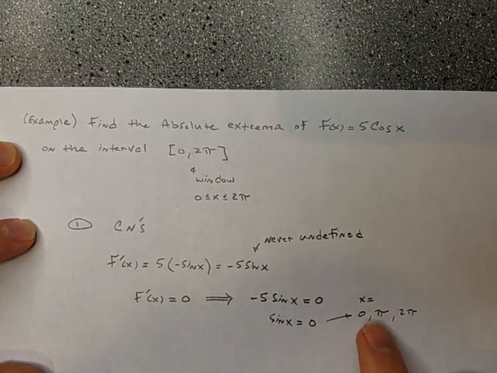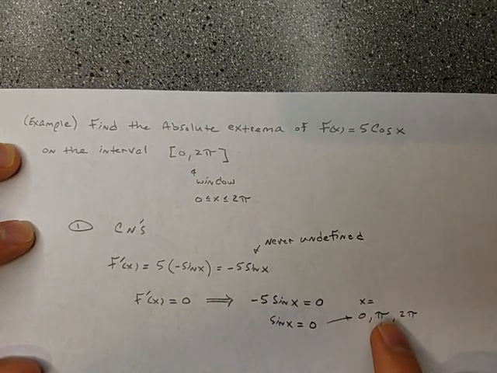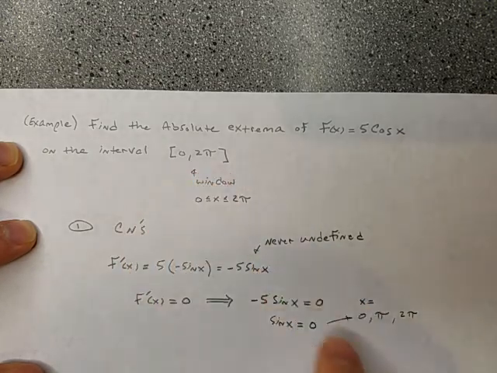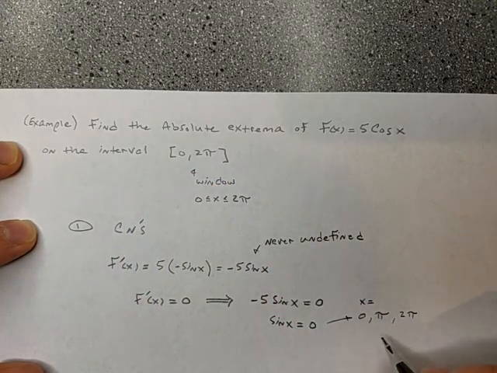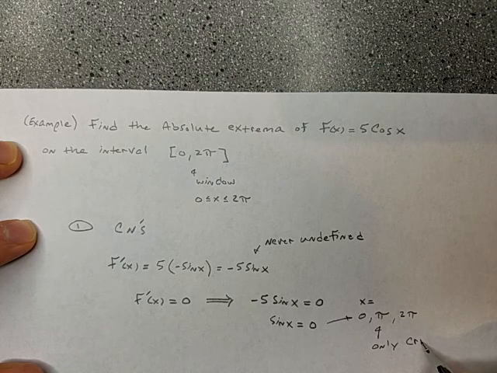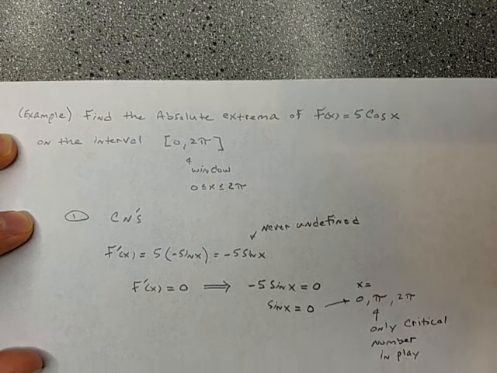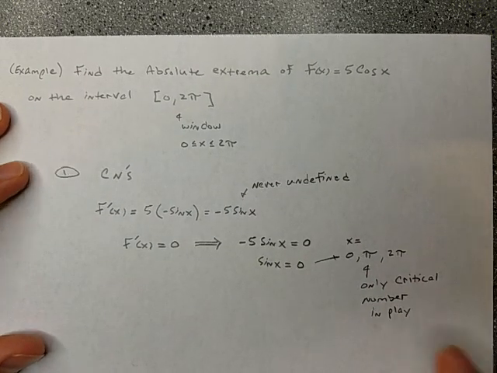Now, only one of these numbers is in play. Only one of these is in the interval, and it's pi. So that's our only critical number. It's not technical math speak to say "in play," but you know what I mean.